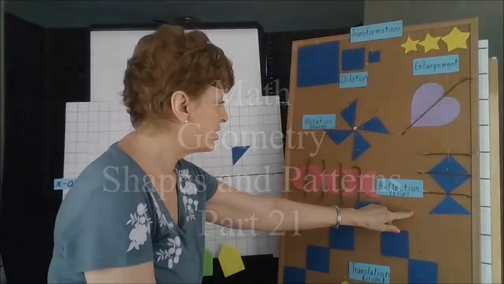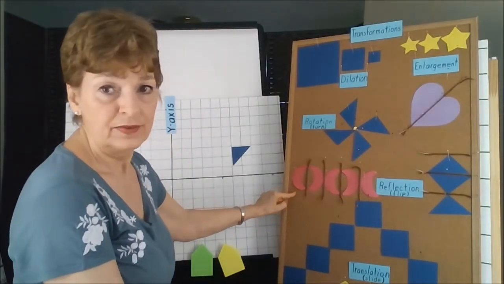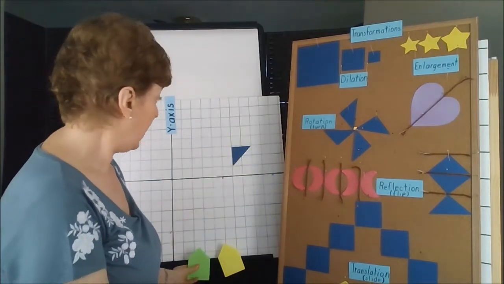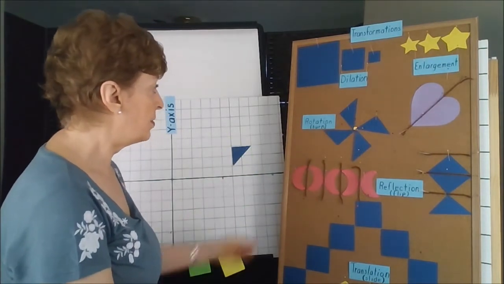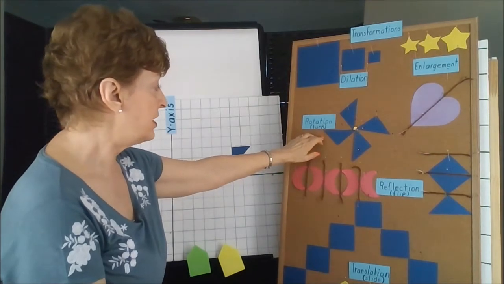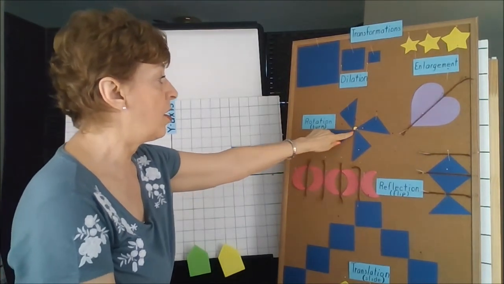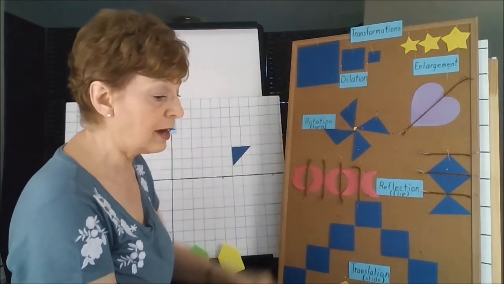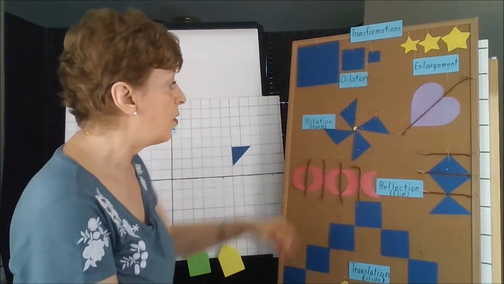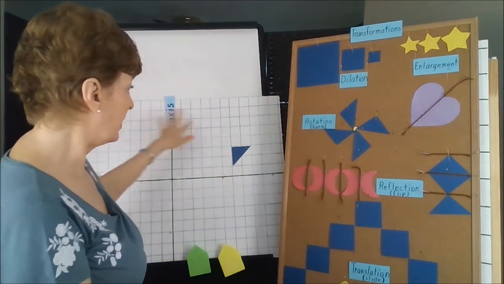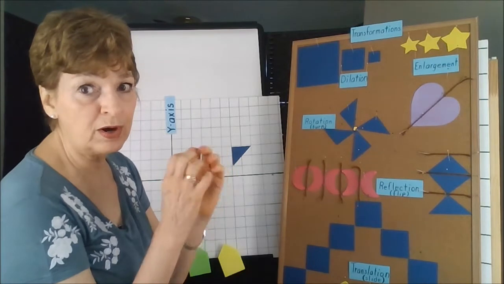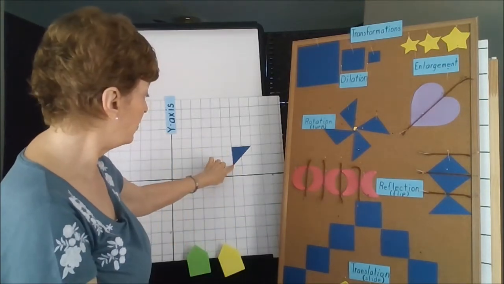Now we did our reflections with the pentagon, and now let's turn to our rotations. The rotation can be with a point around a point, either clockwise or counterclockwise, where one of the vertices stays put.